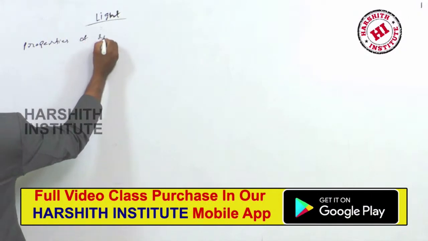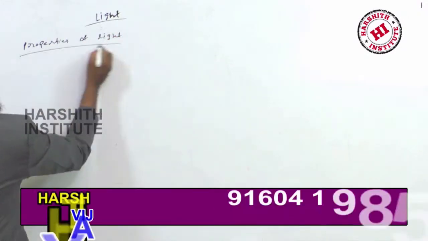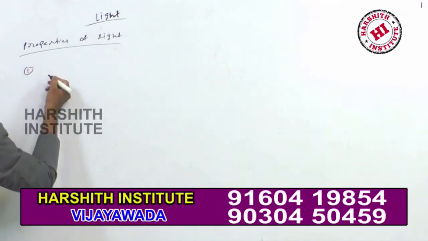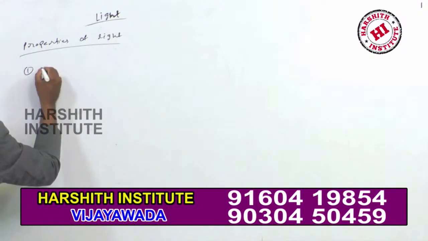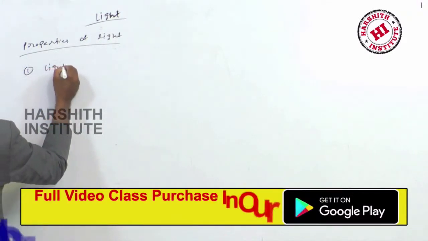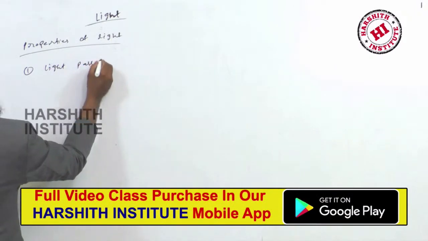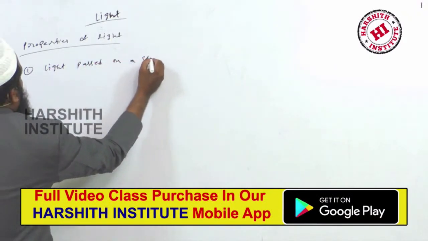Properties of light. The first property is that light travels in a straight line.